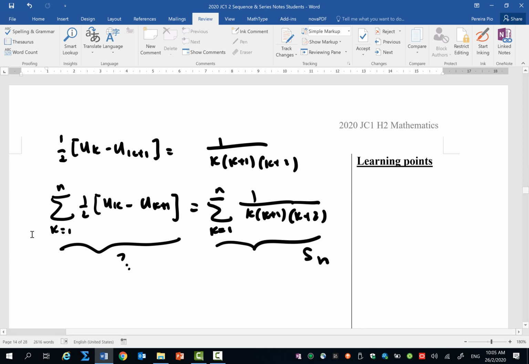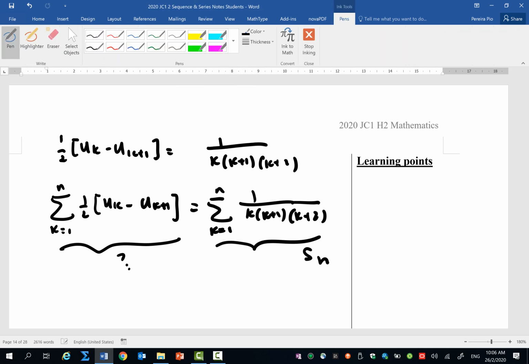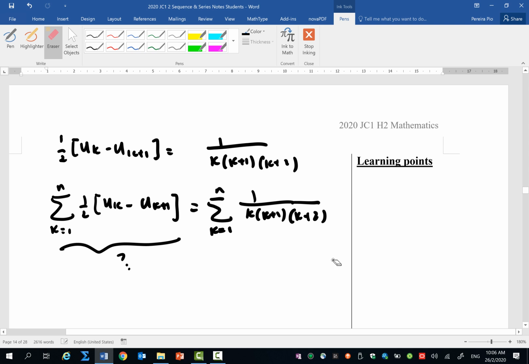The left hand side, I can expand out and write using method of difference. I hope you've tried to do that. So now let's finish this off. In this case, this is Sn.